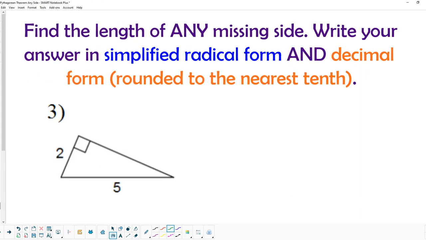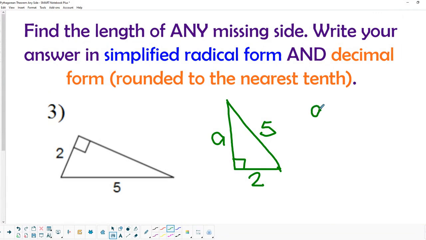Okay, we've got another one. It looks like it's kind of been tipped over. Let's set this one back upright. Kind of slanted the other way, but here's our right angle. We know the hypotenuse, which is 5. We know the bottom, which is 2. So we're looking for this length right here, the altitude.